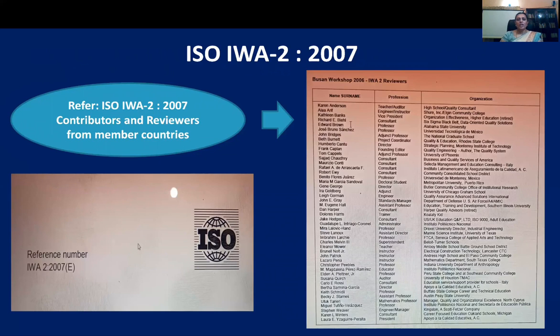According to the International Organization for Standardization, the International Workgroup Agreement ISO IWA 2007 is reviewed by the educational experts from K12, higher education, and non-formal education sectors of more than 60 member countries with voting rights.